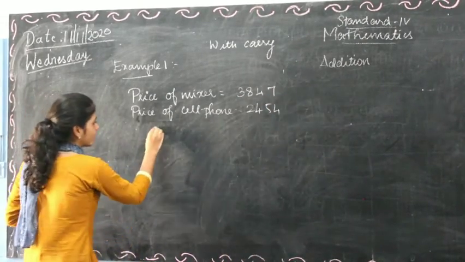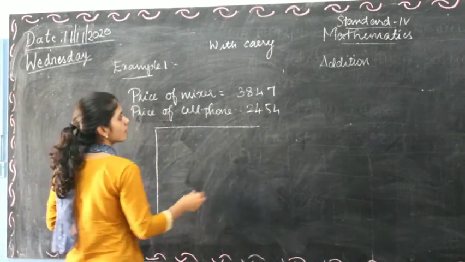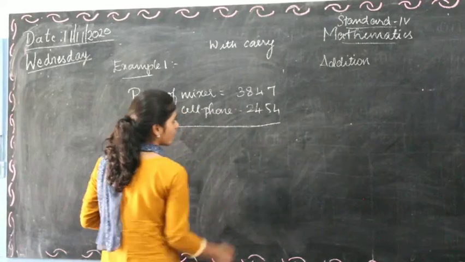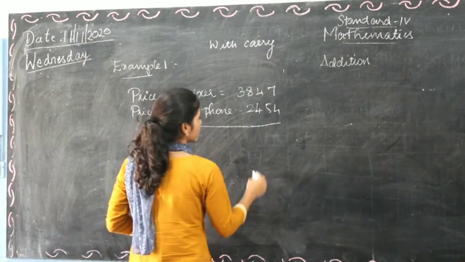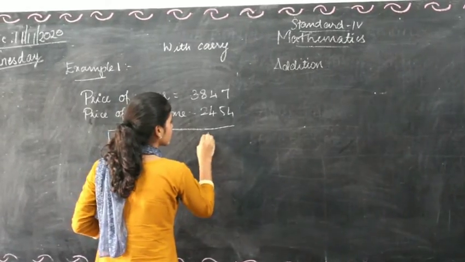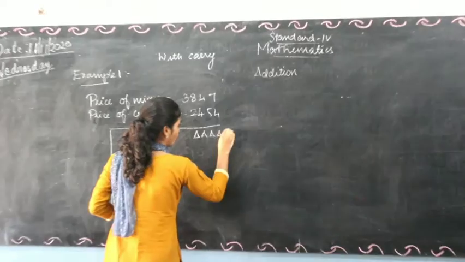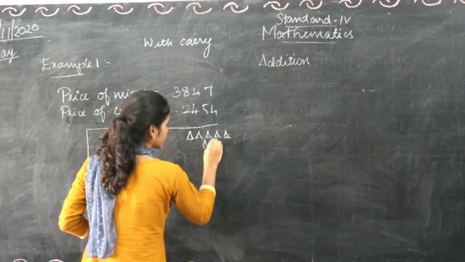Now we'll write it according to the place value. We have 7 units. So let's mark units with a triangle. 1, 2, 3, 4, 5, 6 and 7.